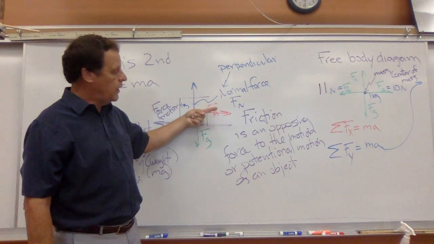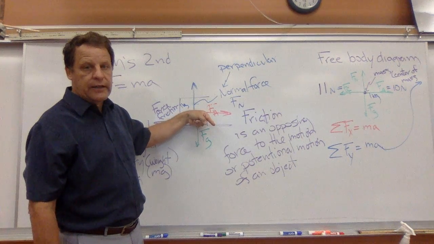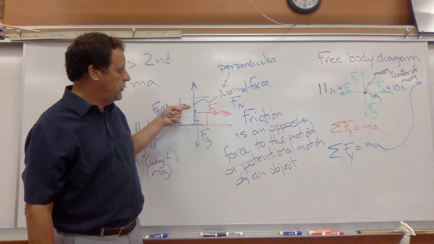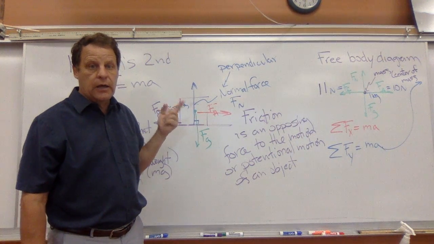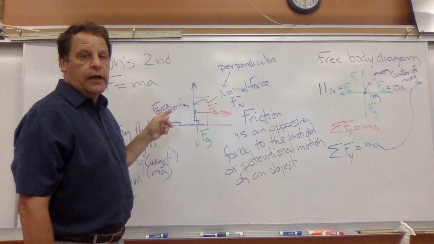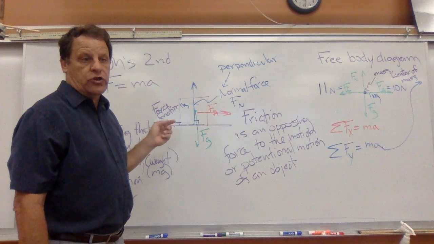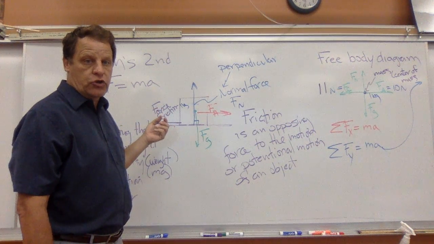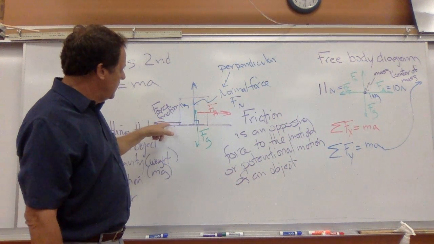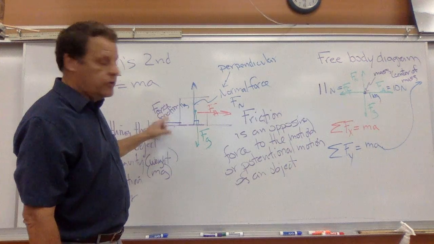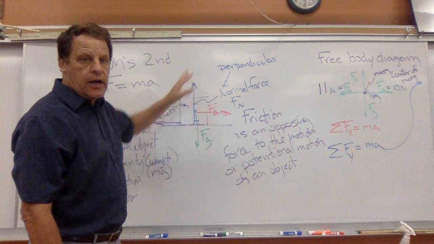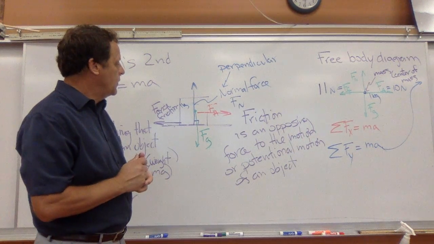Now, I have this applied force horizontal, but it could be slightly up or slightly down. We're going to probably simplify it and just talk about it in terms of the direction along the ground. And then the frictional force would always be in the opposite direction of the motion or potential motion. Notice that would have to be parallel to the surface, because this object would not be sinking into the ground and it would not be going up.